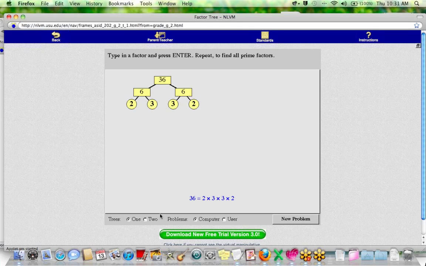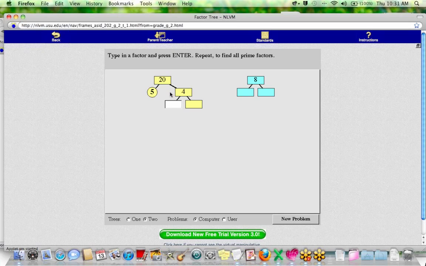Perfect. Let's make it a little harder. Oh, that's not too much harder, but okay. Factors of 20. What could I type in here for factors of 20? Let's have Simon. 5 and 4.